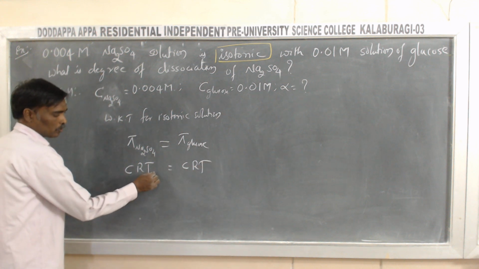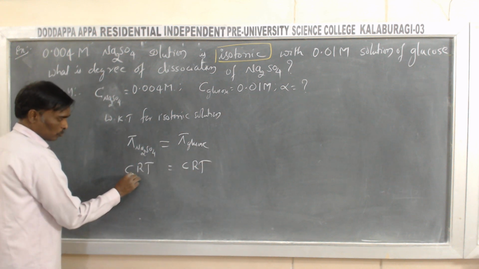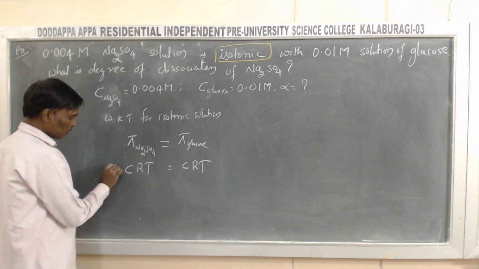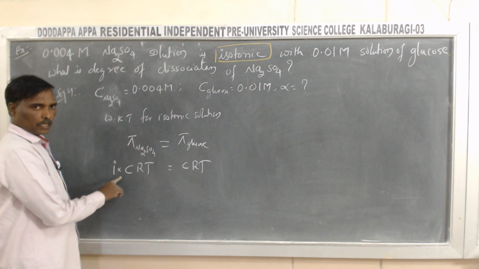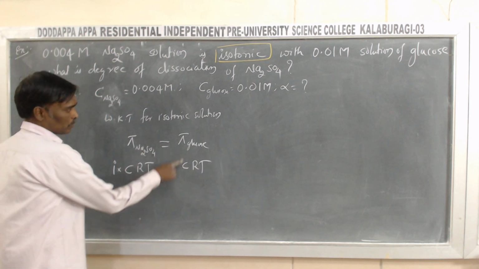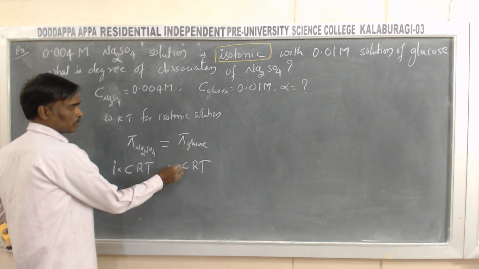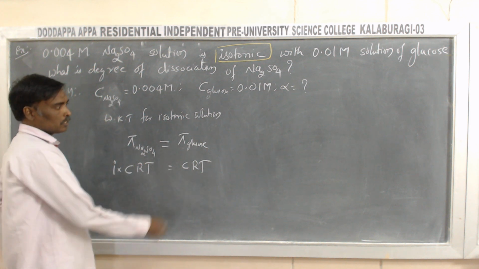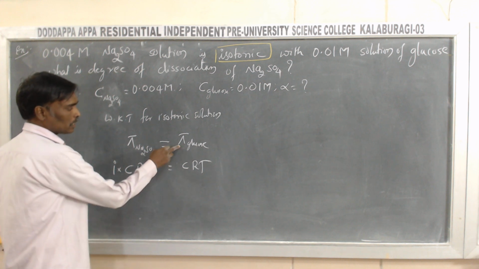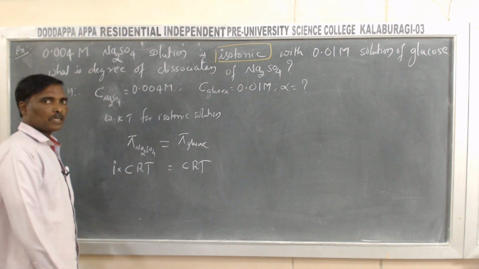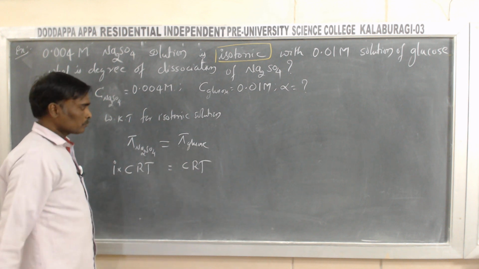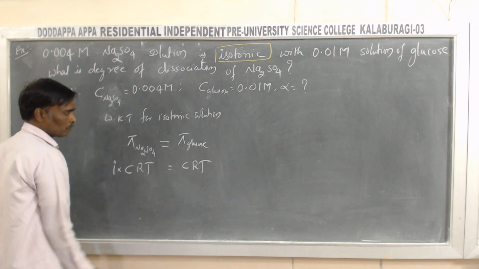So this is for sodium sulfate and this is for glucose. Sodium sulfate is an electrolyte, so we have to multiply that by i. i into CRT. Here also we multiply by i, but the i value is 1. This is a non-electrolyte. It does not undergo any dissociation or association. Its i value is 1. That means the number of particles before dissociation and after dissociation is equal to 1.